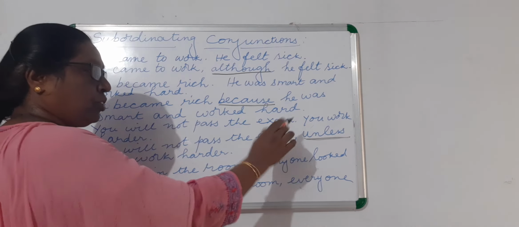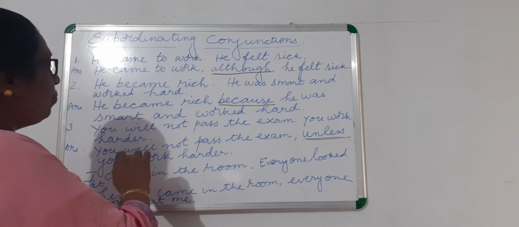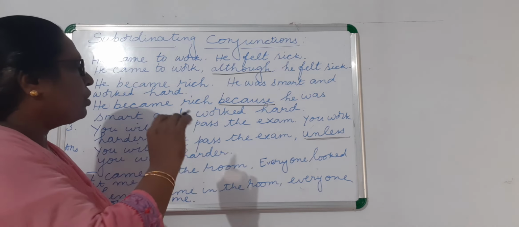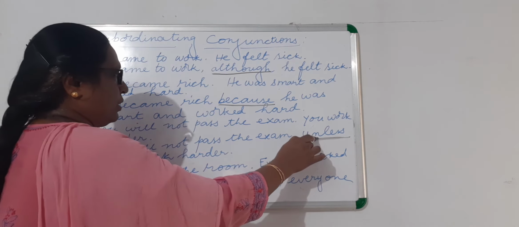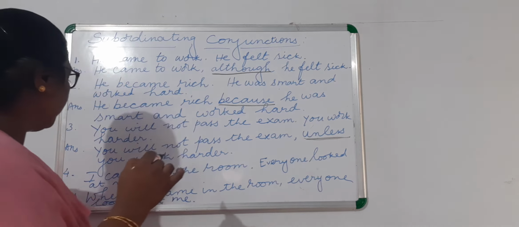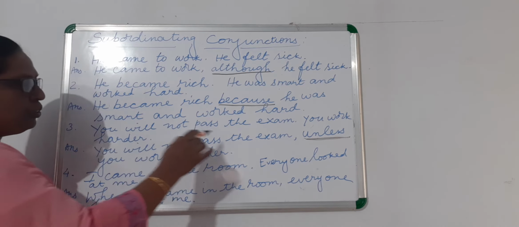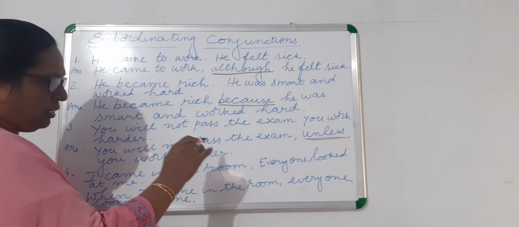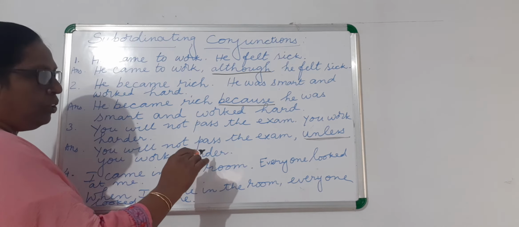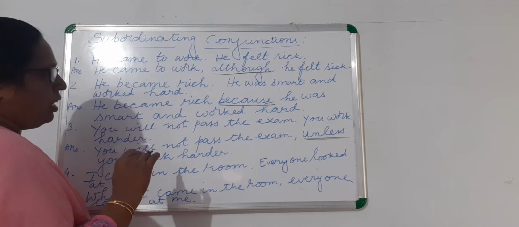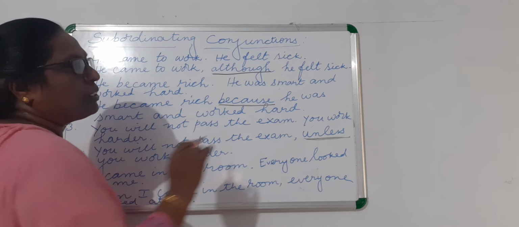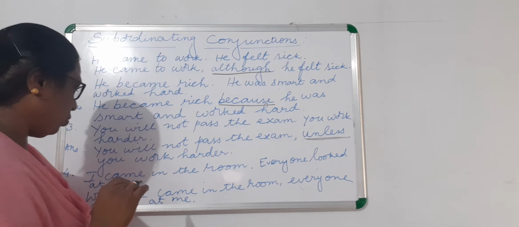So except on the condition of working hard, you will not pass the exam. So here unless is a subordinating conjunction. Before you combine the sentences, you should understand the meaning of these two sentences and what type of subordinating conjunction you should use there.